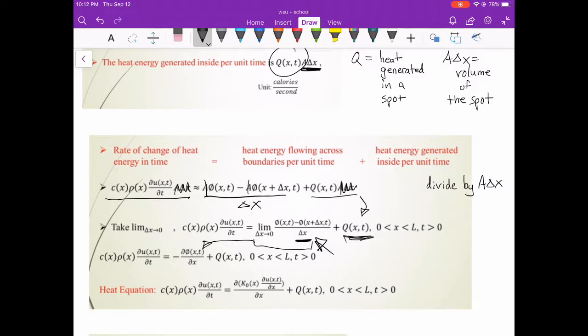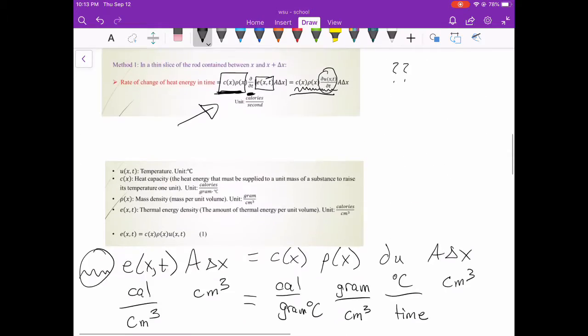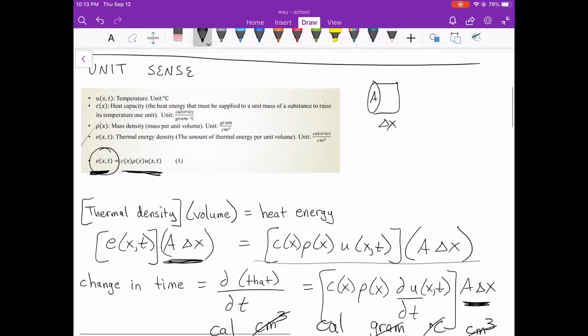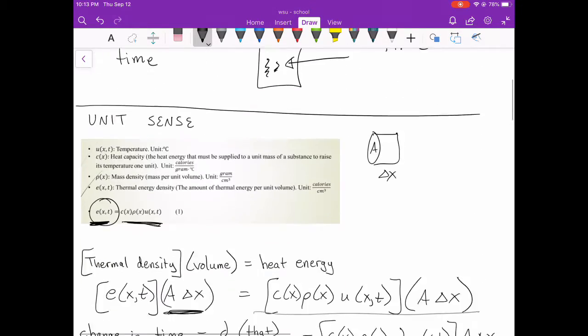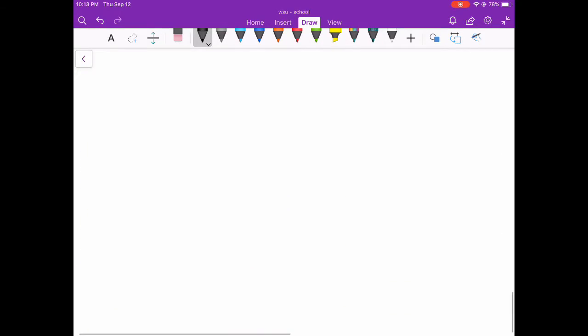And then these other things stay here because we've already divided out the volume. Once you get to that expression, we have essentially the heat equation, but we need to replace this phi. There was an equation for it. Did I not copy it down? I might not have copied and pasted it.